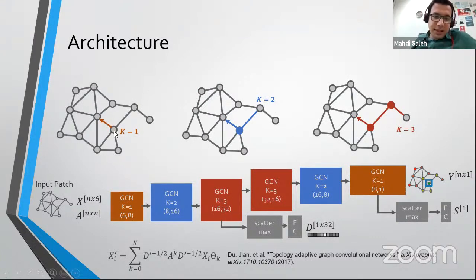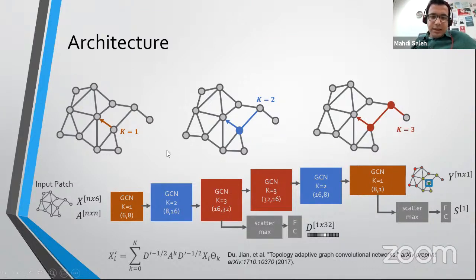And hops mean how many iterations these features can propagate. You can see here, if the hop is 1, a feature would travel only to the nodes that are connected to the original node. And if the hop is 2, this feature travels to the nodes that are at a distance of 2 from the originating node. And this is also so for 3.